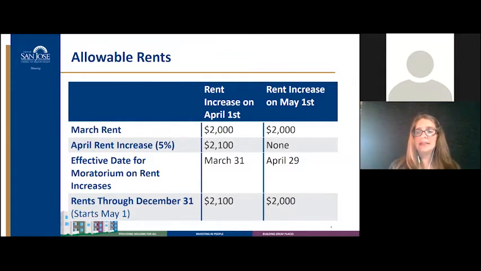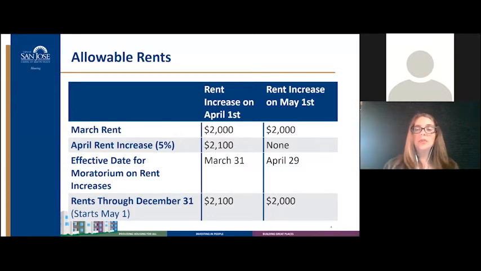In this case, just imagine for me that a tenant was paying $2,000 in their normal rent. In the first case, in March, they were paying $2,000. In April, their landlord provided them a 5% rent increase, the increase being $100.